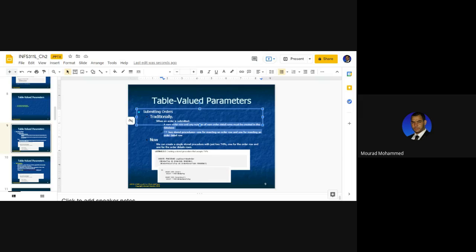In the process they are related, but technically this relationship might fail. But using the TVPs, the relationship never fails.